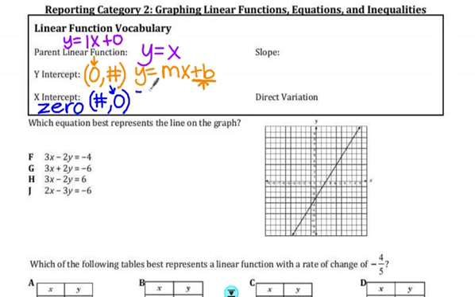We can either graph it and take a look, or we can plug 0 in for y and then solve. And the same goes for the y-intercept. You can plug in a 0 for x and it'll tell you what the y-intercept is.